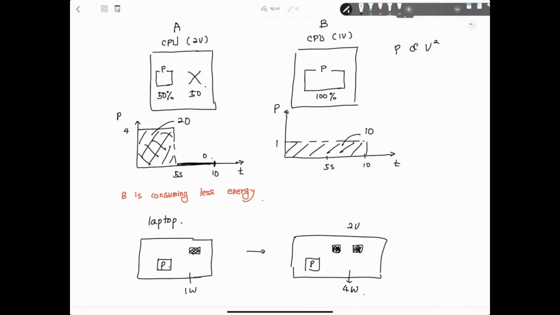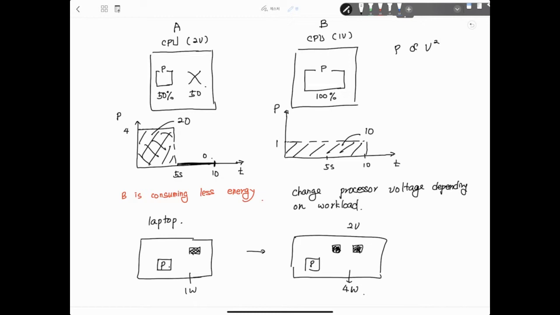That's the reason why modern processors change the processor voltage depending on workload.